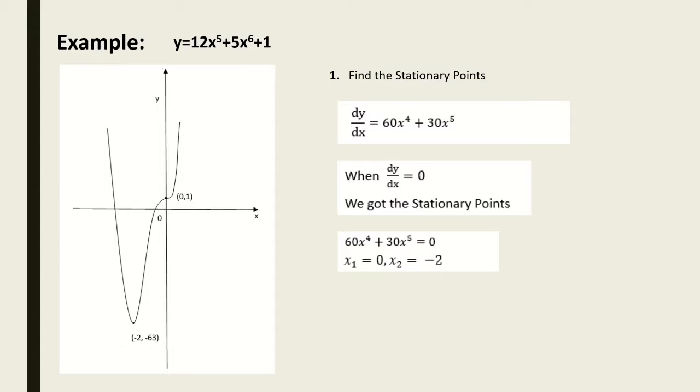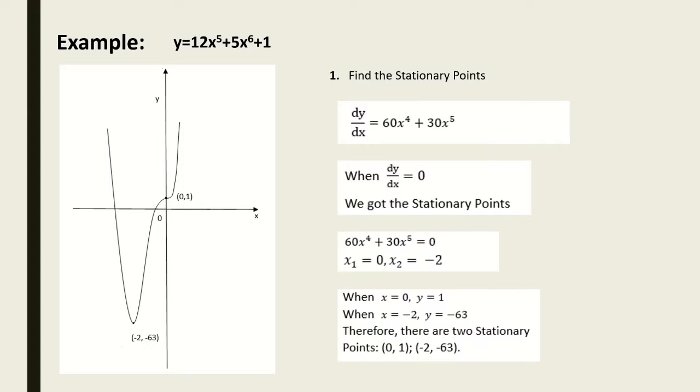Now, we have to find out y when x equals 0 and x equals minus 2 respectively. Substituting x equals 0 into the original function, y equals 1. When x equals minus 2, y equals 63.